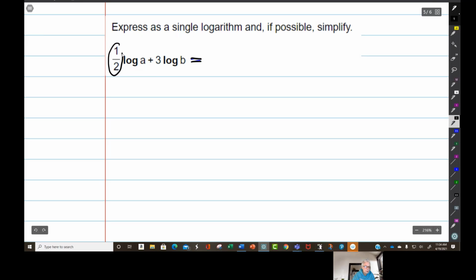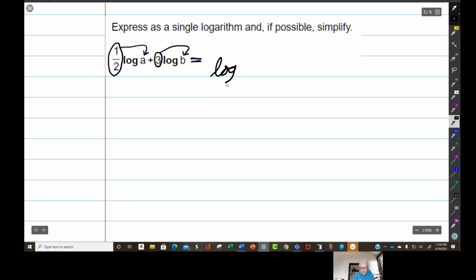I have to move this back into the power position and this back into the power position, or exponent if you prefer. That's gotta be my first step. I'm working backwards now.